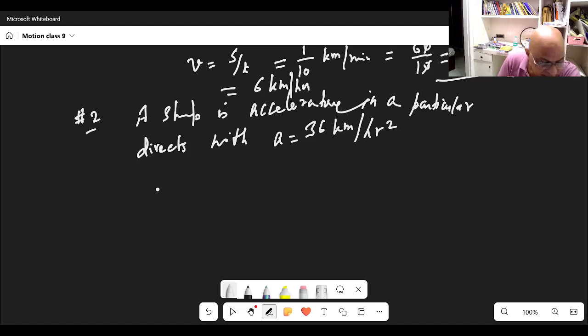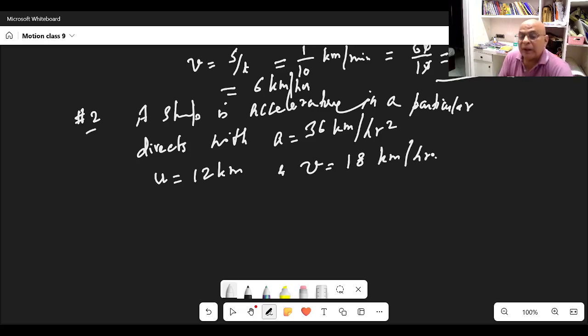Now its initial speed, that is u, is equal to 12 kilometer per hour and v is equal to 18 kilometer per hour. We have to calculate the distance it has covered during this period.